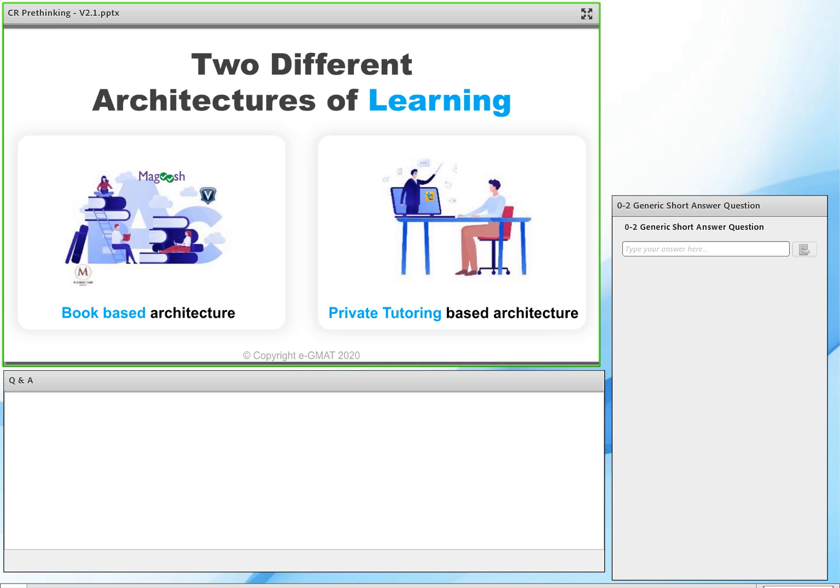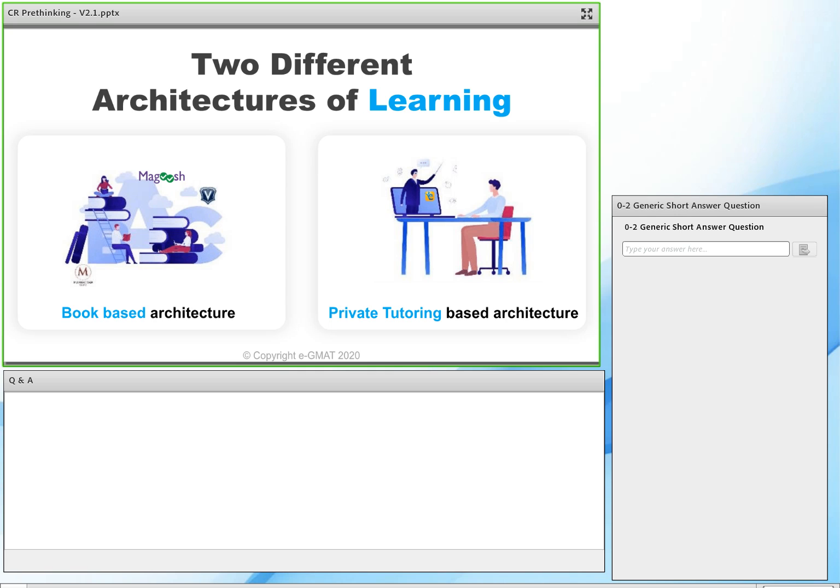If you think about the architectures of learning, there are two different architectures that exist. One is what I call the book-based architecture, where essentially there's very little feedback built into that architecture. Most people go through the same content regardless of their strengths, their weaknesses, or so. And then the other architecture is what we call the private tutoring-based architecture, where there's a lot more feedback, where your learning is personalized to your needs.